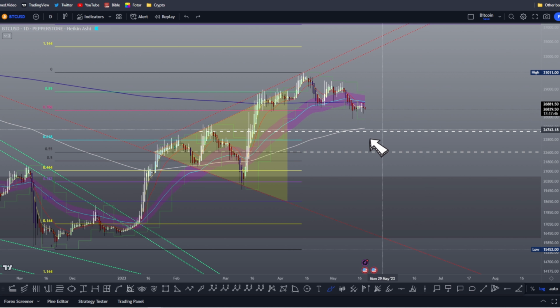Again, just to point it out, this range that I have been talking about, specifically 22.6 to 24.5 thousand, lines up with the golden pocket range of the Fibonacci retracement taken from the top of our local high at realistically $31,000 approximately, all the way down to our absolute low, which is what it seems right now.